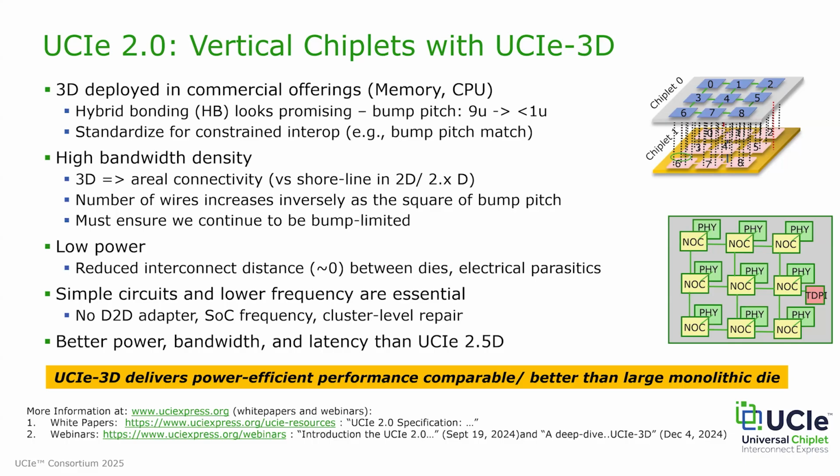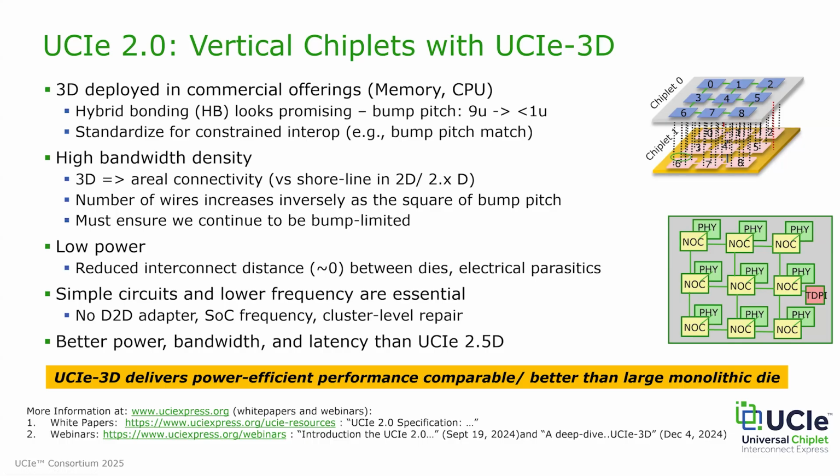So what that means is that your interoperability now needs to be constrained to the same bump pitch. For example, if chiplet 0 in this picture and chiplet 1, you need to put them together, both need to have the same bump map and the same bump pitch so that you can fuse them. So if this one has got 3 micron, this has to be also 3 micron and the same bump map, right? So that's the constraint that you have.